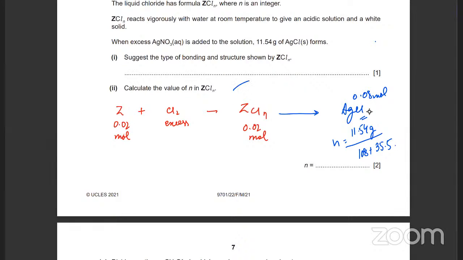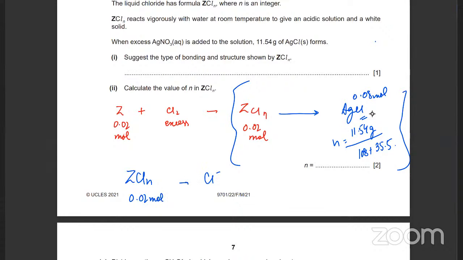So I'll focus on this one and I'll figure out what N is. So 0.08 moles of this molecule are producing 0.08 moles of Cl ions, right? If I simplify this, ZClN 0.02 moles are producing how many Cl ions?